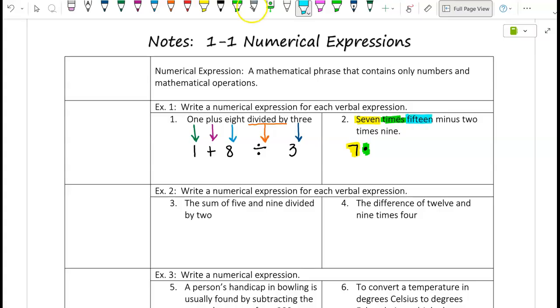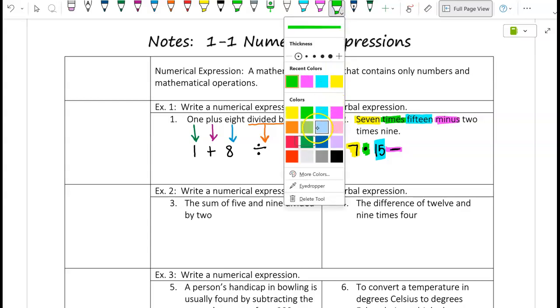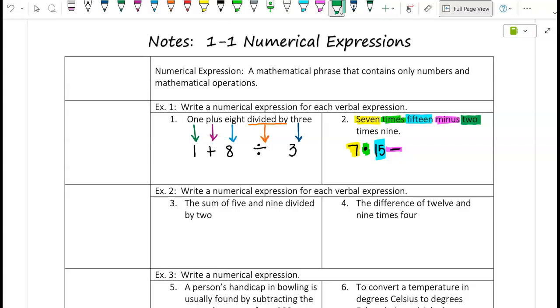Then we have 15, minus, 2, times again, 9.